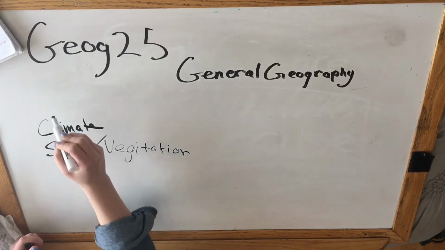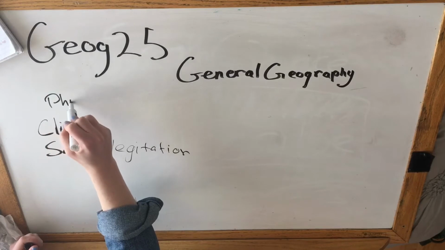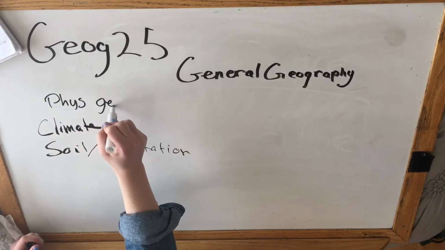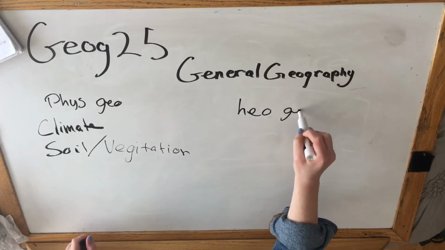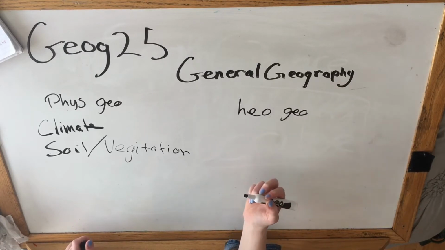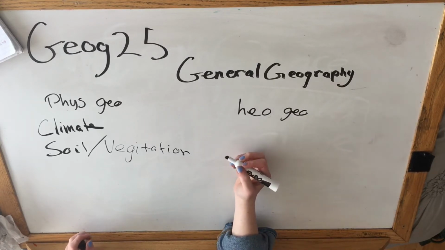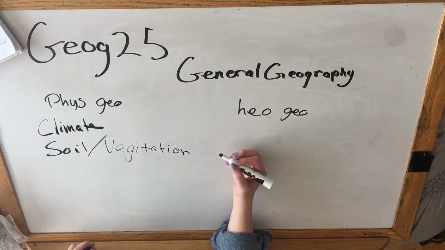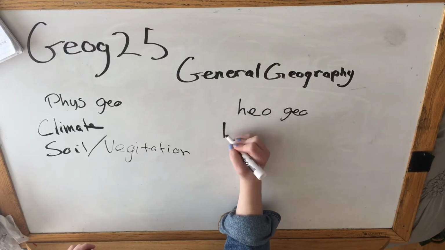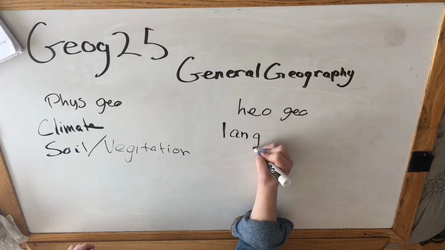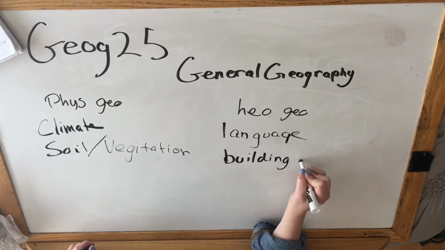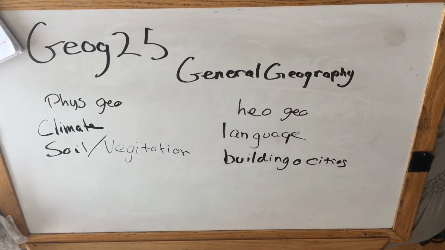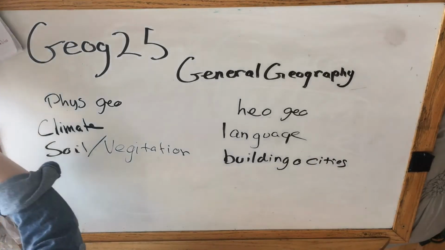This is physical geography. And then human geography is the study of human groups and their activities. So this is a social science, and it's like language and the building of cities. So those are some general geography terms.